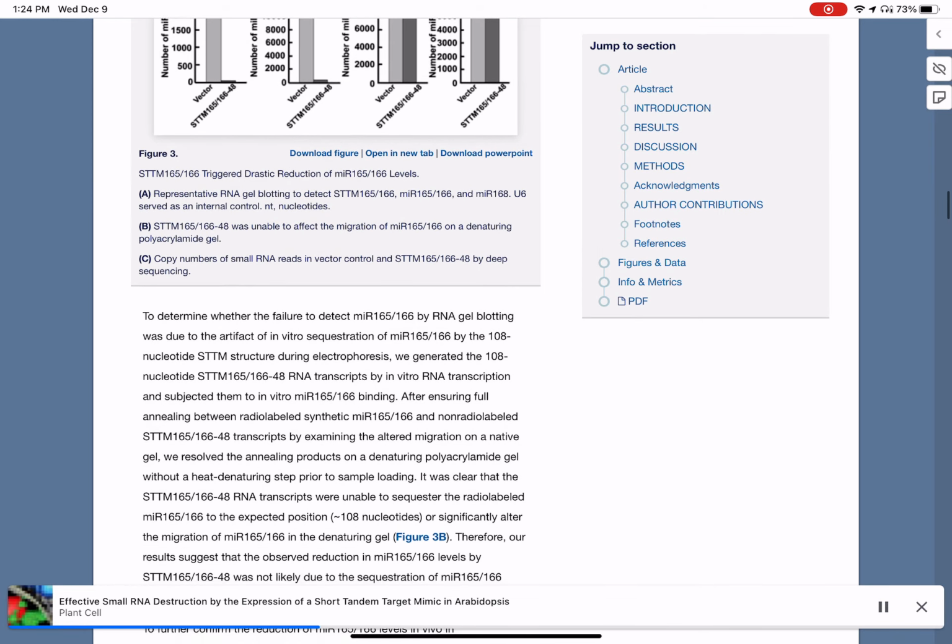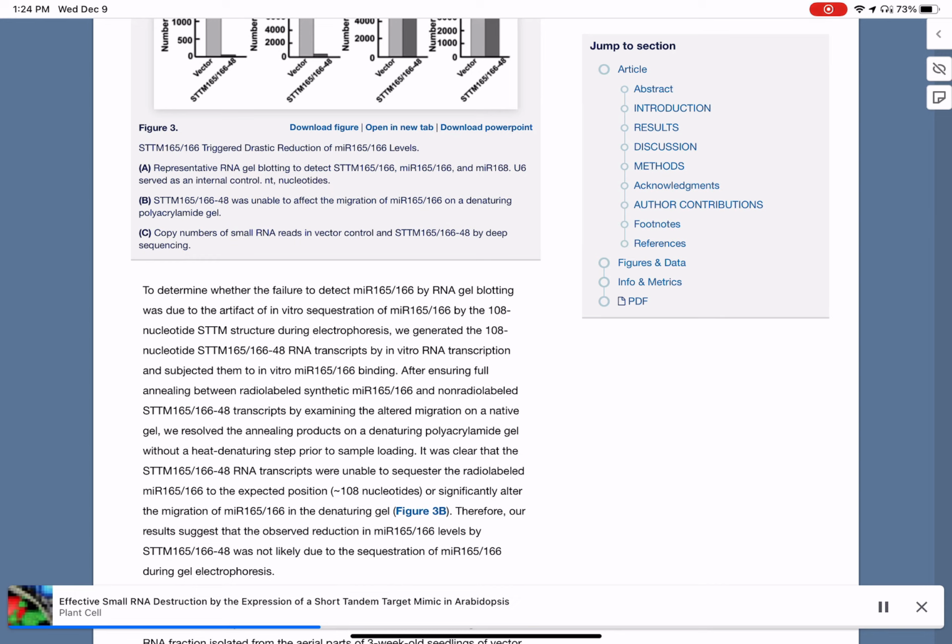To determine whether the failure to detect miR-165-166 by RNA gel blotting was due to the artifact of in vitro sequestration of miR-165-166 by the 108 nucleotide STTM structure during electrophoresis, we generated the 108 nucleotide STTM-165-166-48 RNA transcripts by in vitro RNA transcription and subjected them to in vitro miR-165-166 binding.